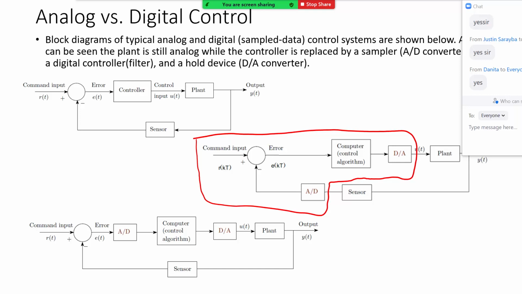When we sample a signal and we design a controller, that controller is going to work for that sampling time that we chose. If we change the sampling time, then the whole system behavior is going to be different. And therefore, that is something also to keep in mind when we are studying the digital control. Everything is going to be dependent on the sampling time.